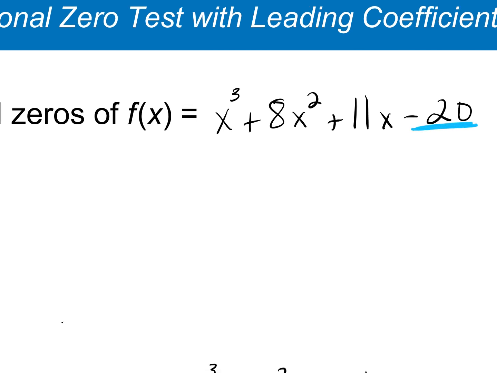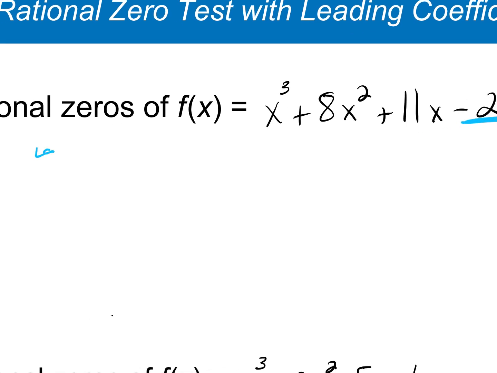We're going to find factors of our last term over factors of the first. What are factors of negative 20? Or just factors of 20. What 2 numbers multiply and give me 20? 2 and 10. So I'm going to put plus or minus 2 and 10, because it could be either sign. What else? 4 and 5.